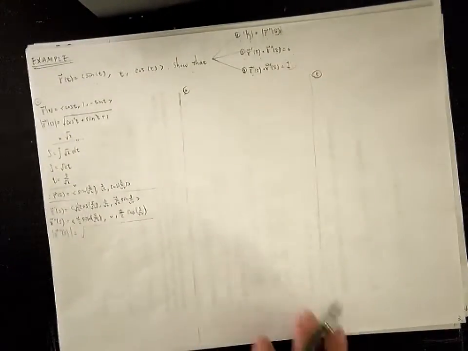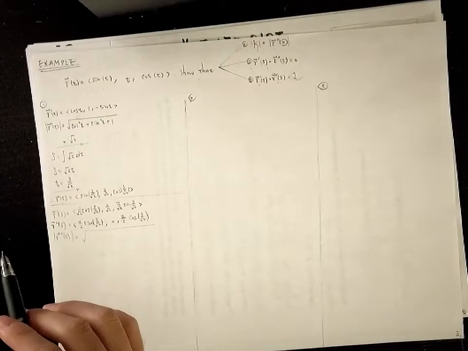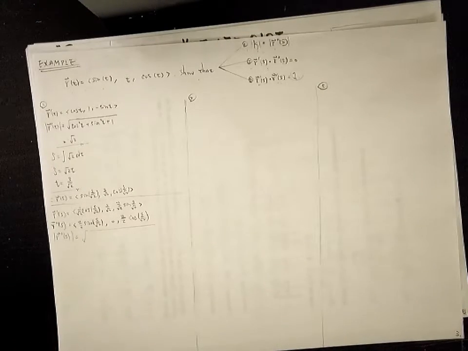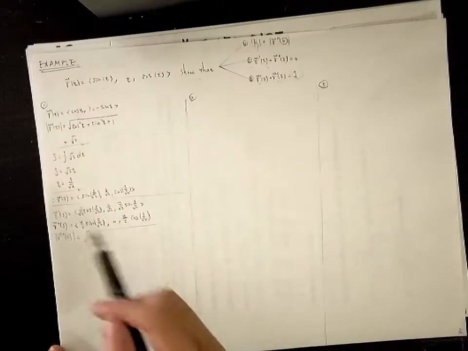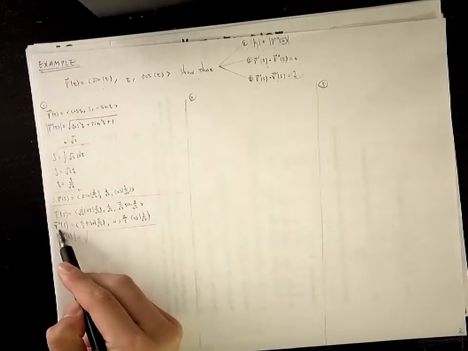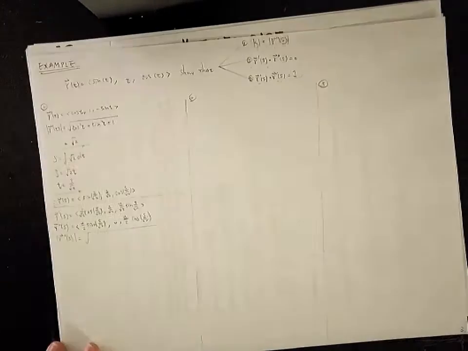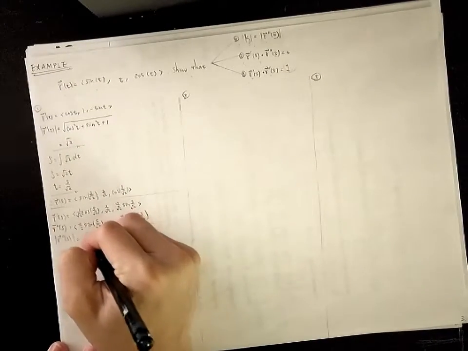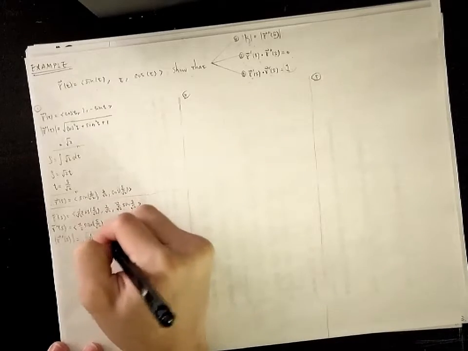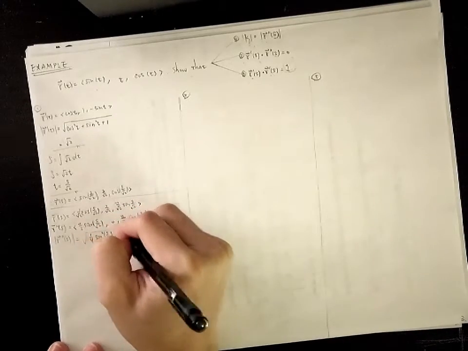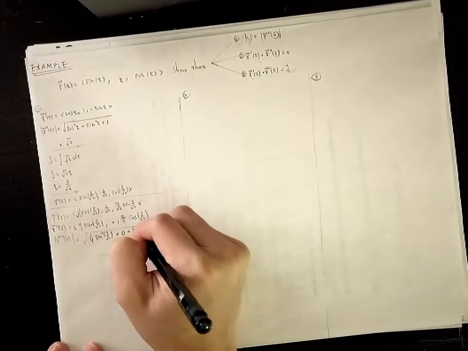The equation of curvature is the magnitude of r prime cross r double prime, divided by the magnitude of r prime to the third power. So first we have to find r prime, second r double prime, and we have to find the length of it. So this will become 1/4 sine squared plus 0 plus 1/4 cosine squared.